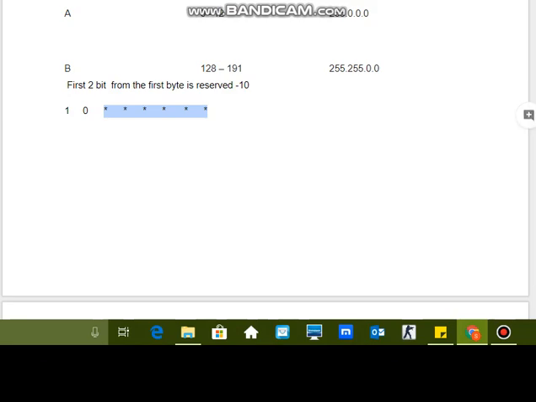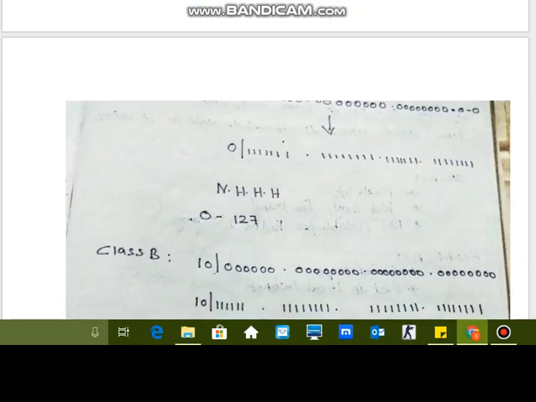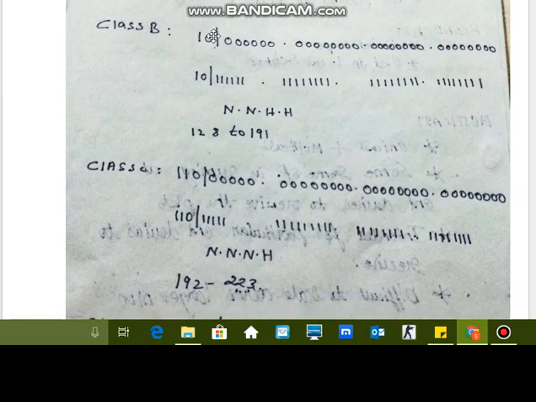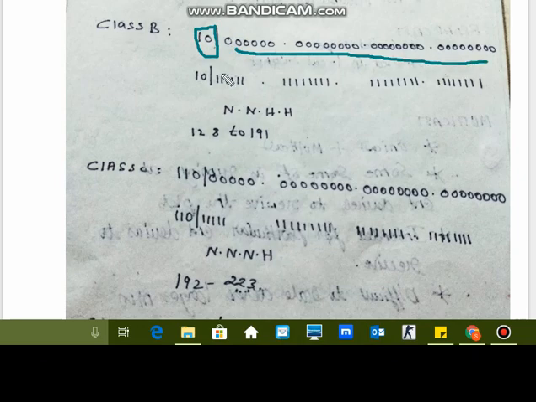As you can see, the first 2 bits are 1 0, and the rest are all 0.